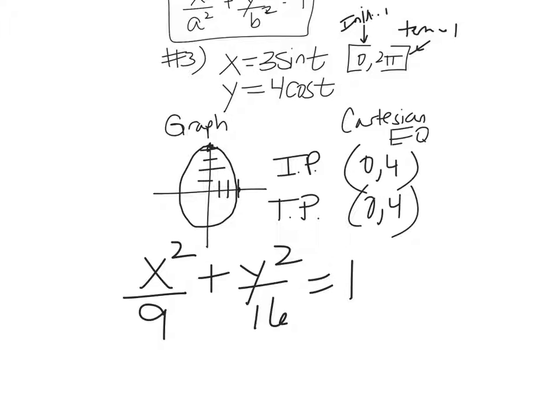If you didn't know that, you could have divided by 3, divided by 4, and squared everything. You'll get the same thing, since sine squared plus cosine squared is 1. Does it matter where the 16 and the 9 are? It does. This goes out 3 on the x, so that's going to be 9 underneath the x. And this goes out 4 on the y, so that's 16 there.